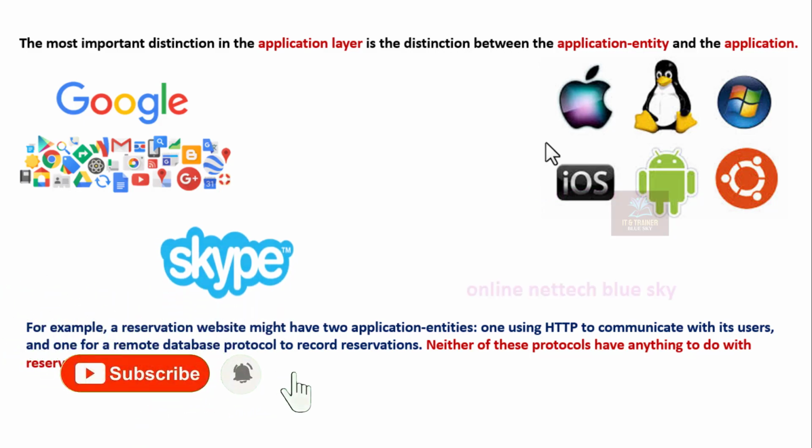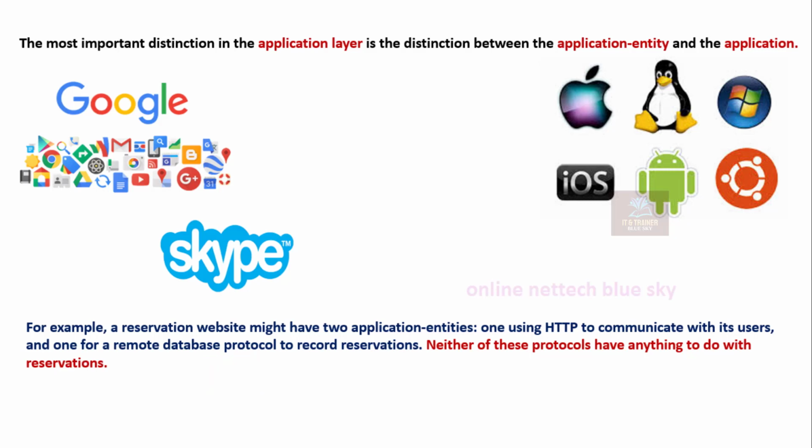So again I'm giving one more example, Skype. Skype is one type of social media platform, and Skype is one type of video calling from one side to another. That is a company created for different types of chatting, sharing files, and video calling, and for creating meetings.